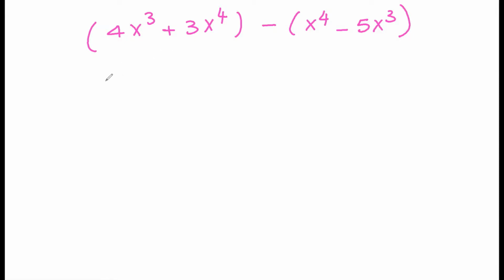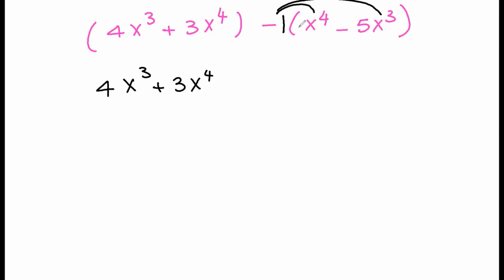So keep the first polynomial as is, so 4x cubed plus 3x to the 4th power. Now, you notice that when there is no term in front of the parentheses, it is simply 1. So you have -1, which needs to be distributed to every single term in the polynomial. So I'm going to go ahead and distribute the -1 to each one of those terms in the second polynomial.